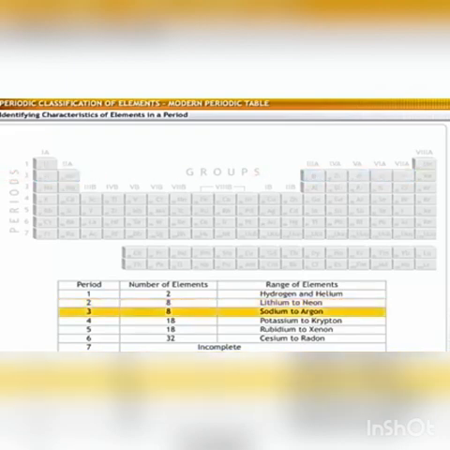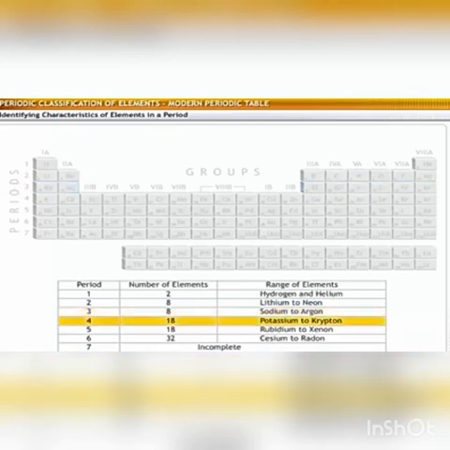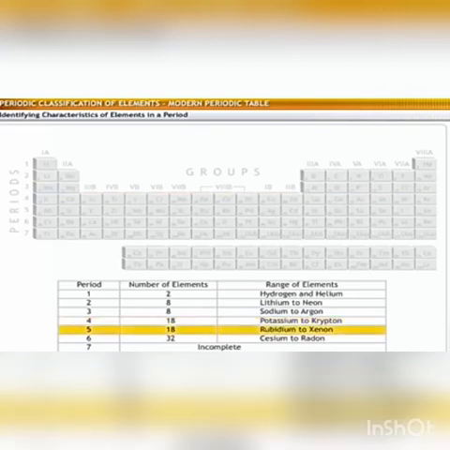The third period also contains 8 elements, from sodium to argon. The fourth period is a long period and contains 18 elements, ranging from potassium to krypton. The fifth period contains 18 elements, starting from rubidium and ending at xenon.